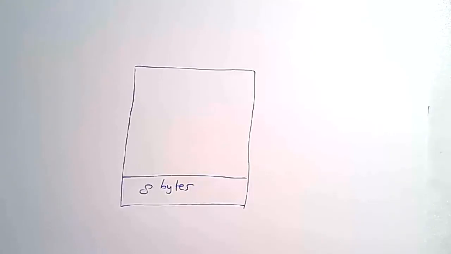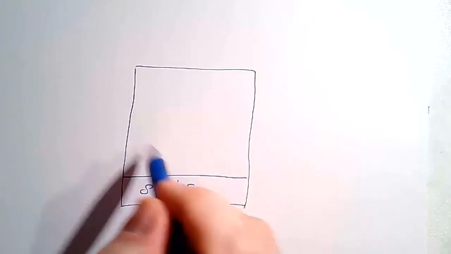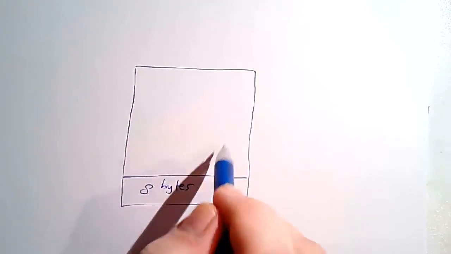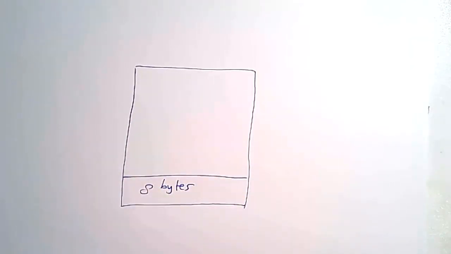Now the question is, what does this buffer look like? And where do I find the code that I want to execute? Well, remember, I just have a whole bunch of space here that I completely control. That is the input that I provided.